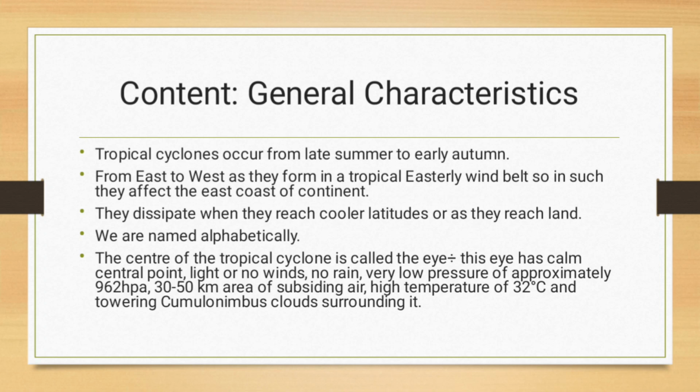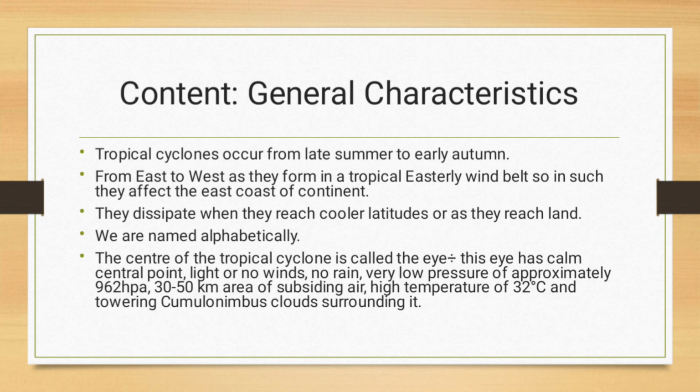In such they affect the east coast of the continent. They are being pushed by the easterly wind belt. They dissipate when they reach the cooler latitudes or as they reach land.